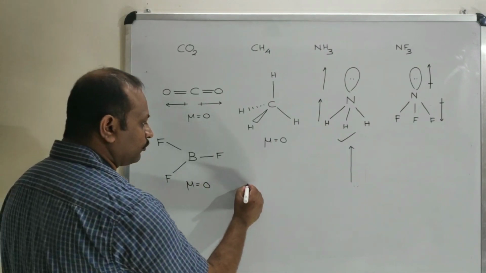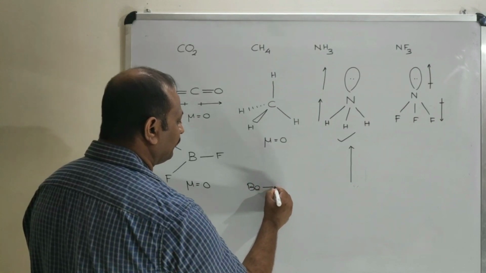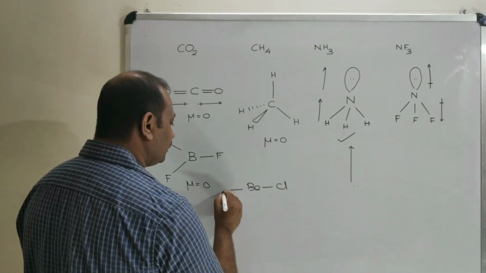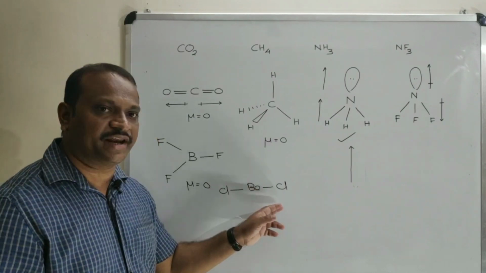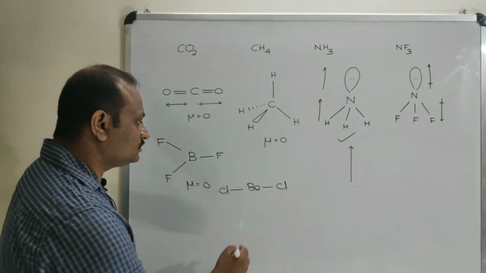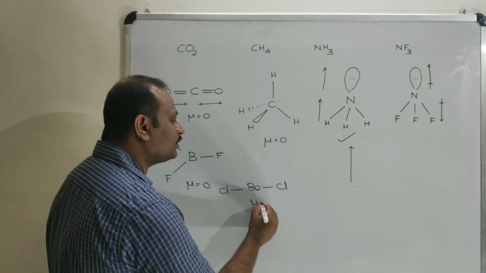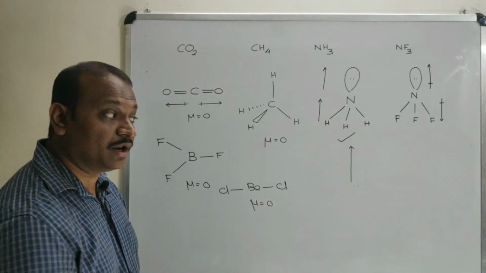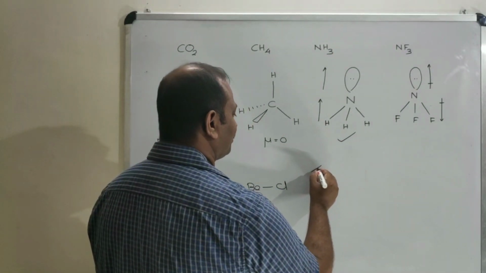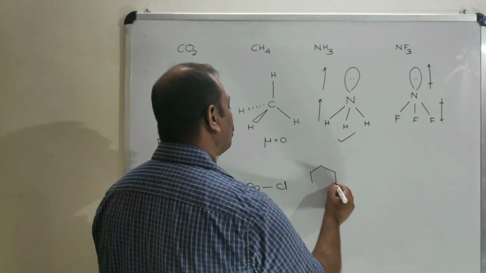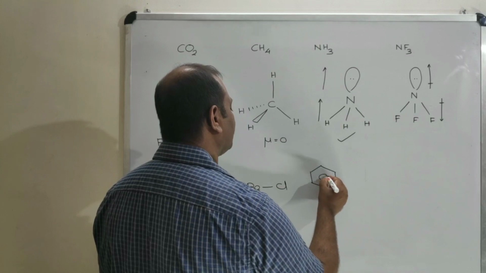Similarly, we can write another molecule, BCl2. What about the dipole moment in this case? Here also you can see that two dipoles are in the opposite direction and they are getting cancelled. So here also the dipole moment equals 0. Now when we consider another example, we have 1,2 dichlorobenzene.